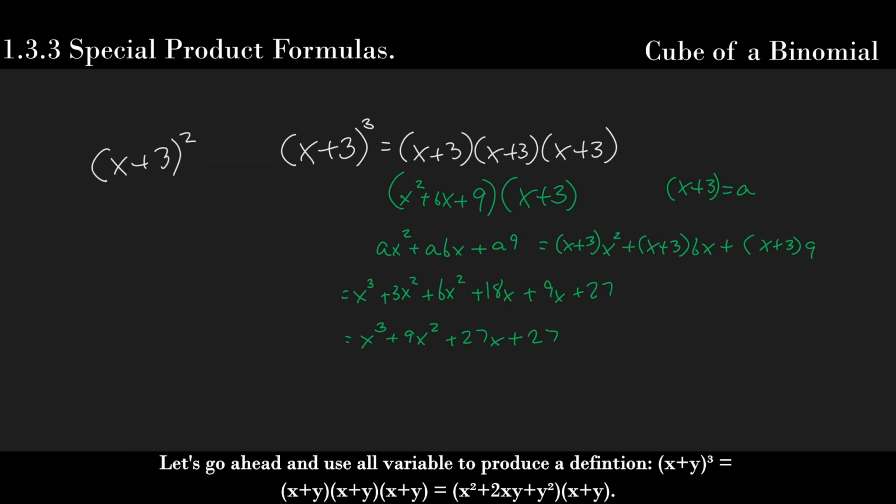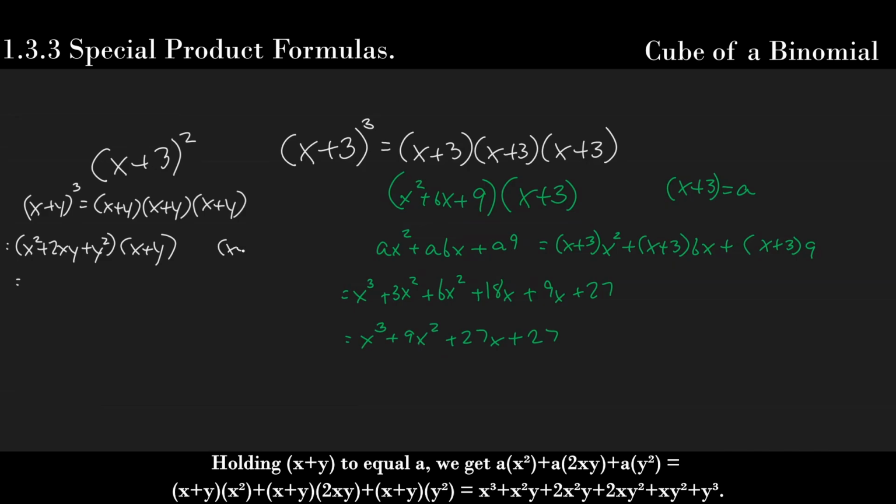Let's go ahead and use only variables to produce a definition. (x + y)^3, which we know is (x + y)(x + y)(x + y). Using FOIL, we get (x² + 2xy + y²)(x + y).